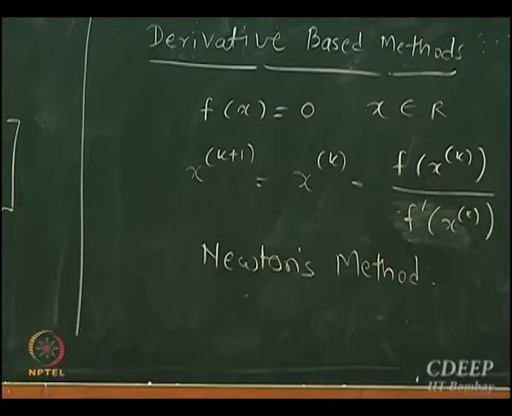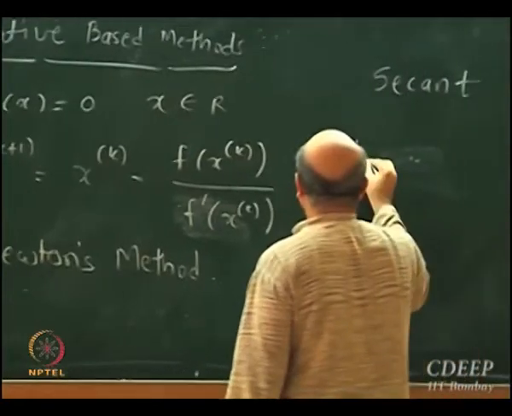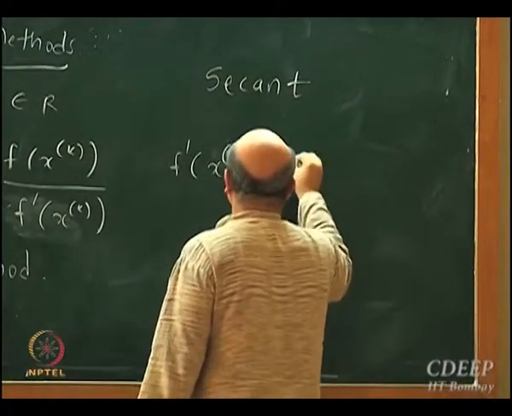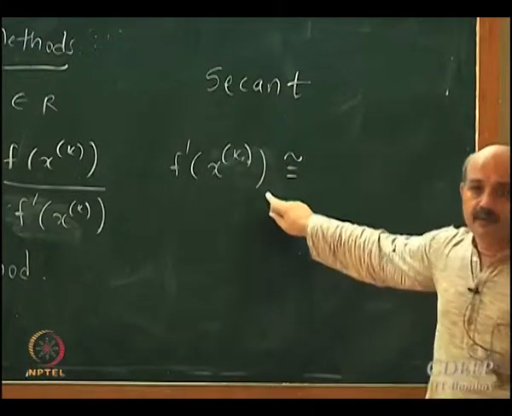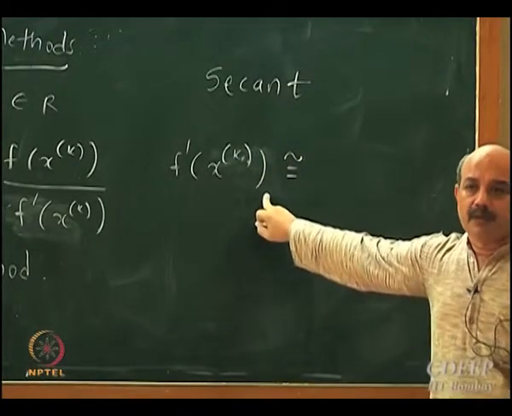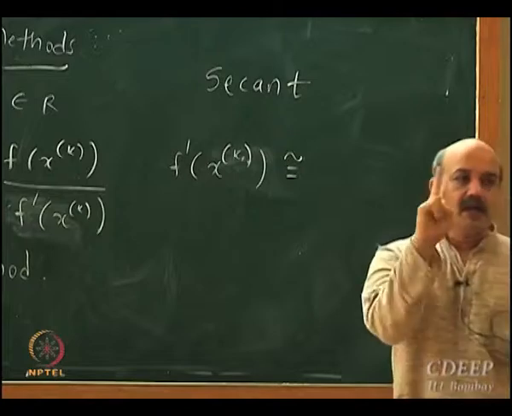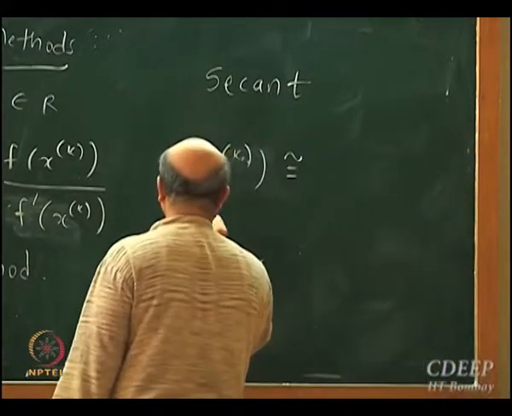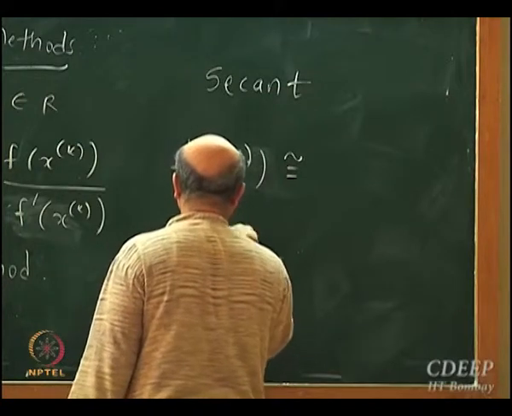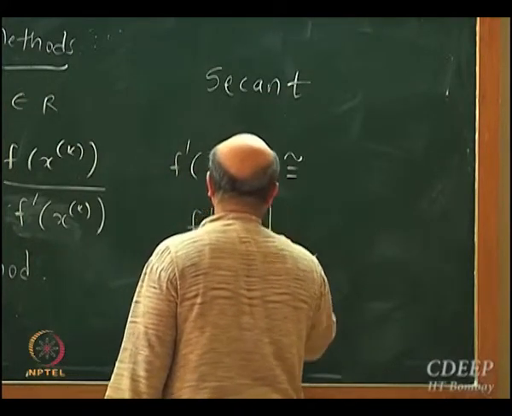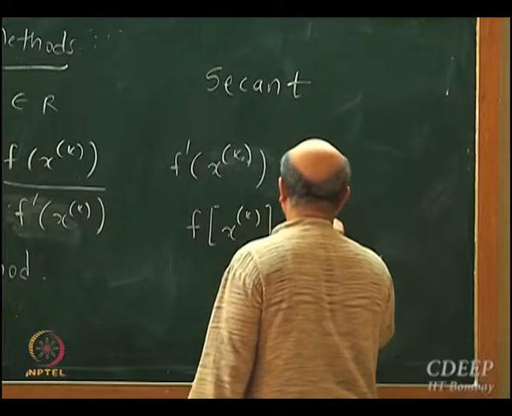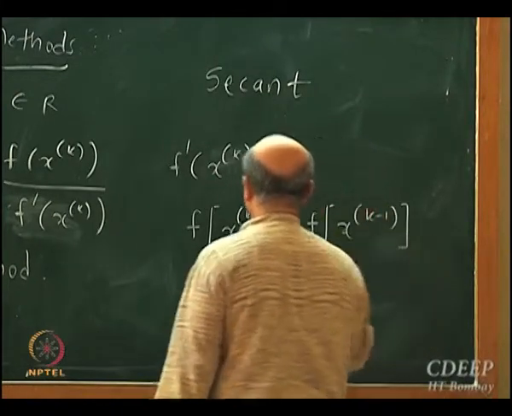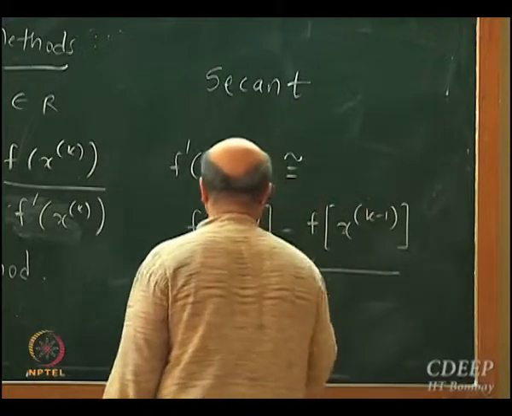In the secant method, what we do is we approximate this derivative f prime xk using the last two iterates. We approximate it as f of xk minus f of xk minus 1, divided by xk minus xk minus 1.